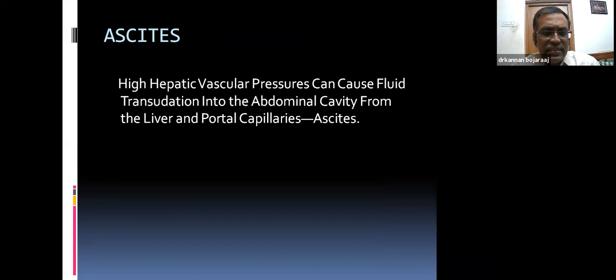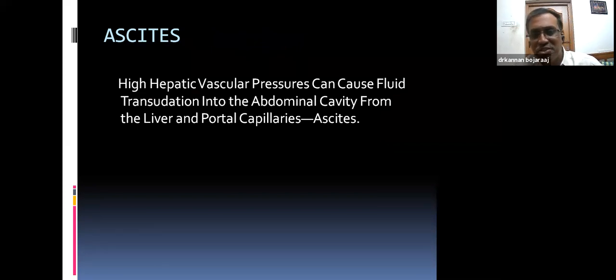And ascites will happen. Why does ascites happen? Do you have any idea regarding this? I have already explained it in the liver lobule slide. There are two pressures acting, the hepatic vascular pressure and the hydrostatic pressure, and this increase in hydrostatic pressure will cause transmission of fluid from the liver and portal capillaries into the abdominal cavity to form ascites.